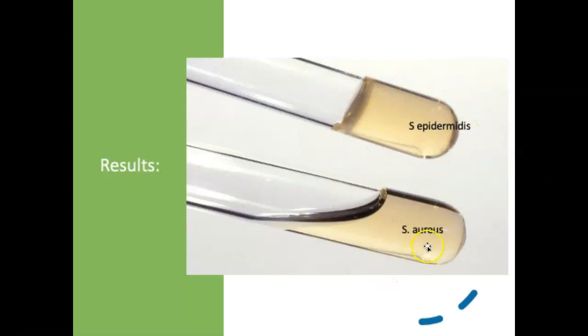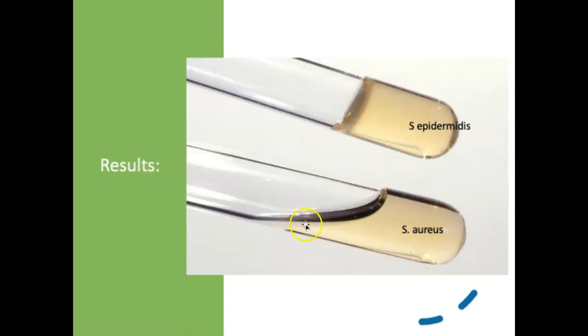So we know now that Staphylococcus aureus has the ability to hydrolyze gelatin. In other words, it can secrete these gelatinase enzymes into the medium and break apart the gelatin into its individual amino acids.